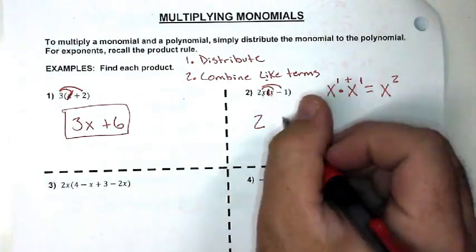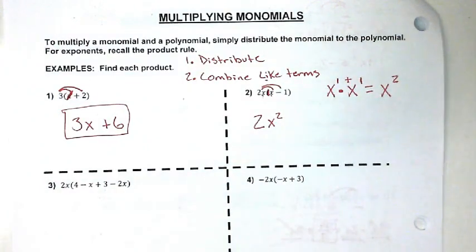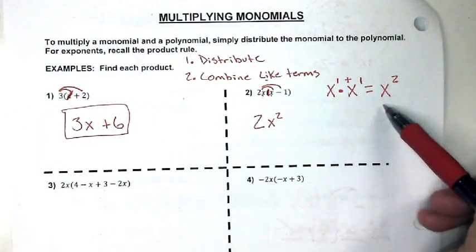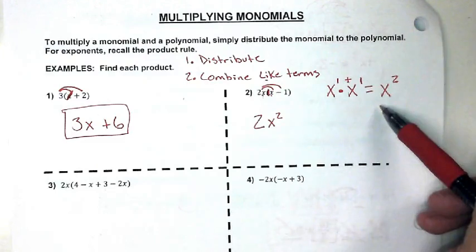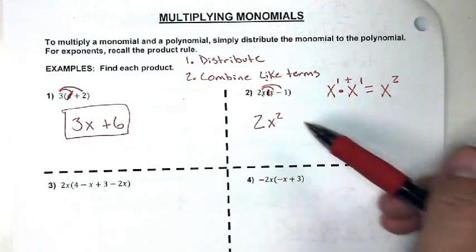So x times x is the same thing as saying x squared. That is just taking our exponent property rules, which you took a midterm over, and the Unit 6 test over, okay, and just putting it into polynomials.